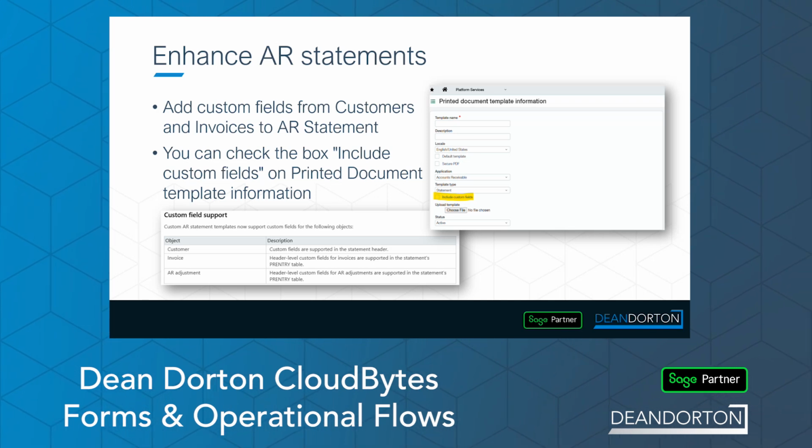If you've got a piece of information, maybe a customer type that you've created for a special field, licensing numbers, or any other external customer IDs or anything along those lines, you will now be able to include those on invoices and AR statements. So that's a very nice feature to have. I know we've had a lot of folks that have asked about that in the past.